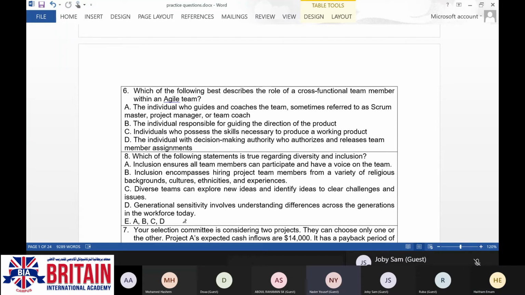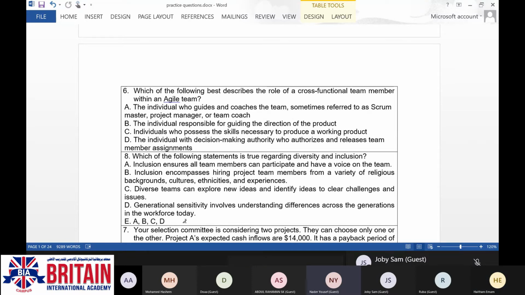Inclusion ensures all team members can participate and have a voice on the team. Inclusion encompasses hiring project team members from a variety of religious backgrounds, culture, ethnicity, and experience.